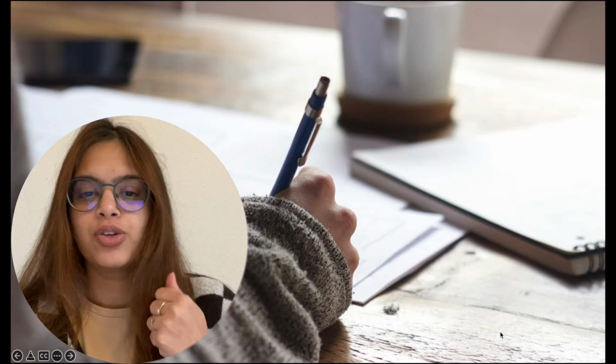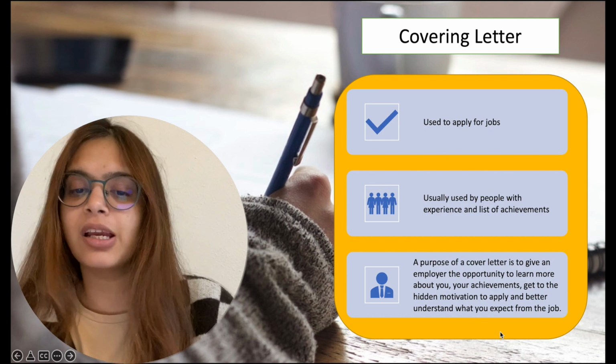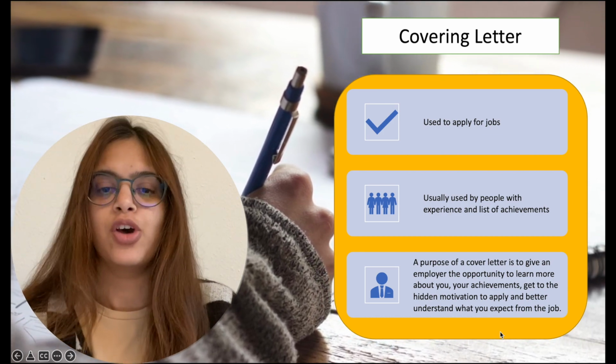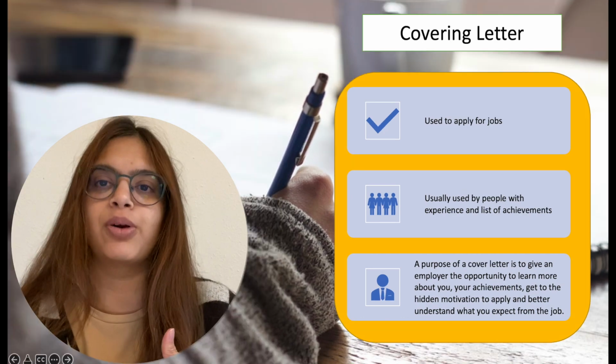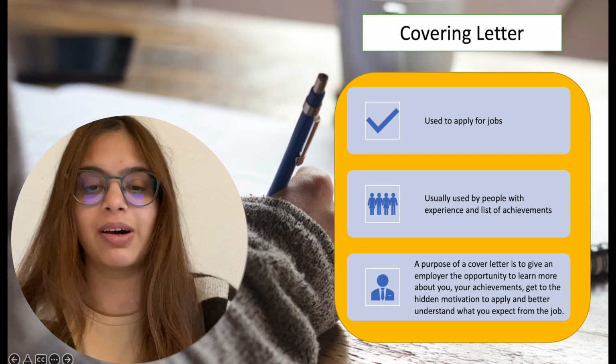First we will see the covering letter, its main aspects, and the things you must consider while writing one. First, it is used to apply for jobs. Second, it is usually used by people with experience and a list of achievements. When you have a certain amount of experience or different achievements, it is a good way to write a covering letter.